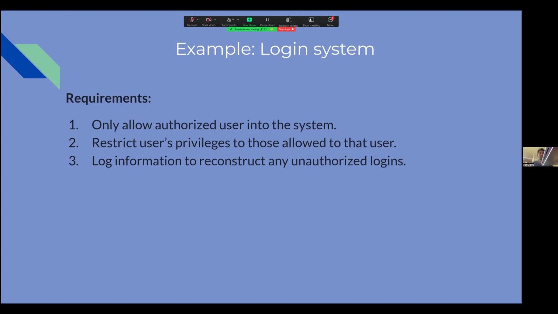So if we can implement multiple factors while logging in, then if a particular user has a password, that alone doesn't mean he's the owner of the account. But if he knows something and has something, which is basically what multi-factor authentication is, then we might say, yeah, you have the password as well as another thing that only you can possess, so you are eligible to access the login system. So the principle of separation of privilege is very directly utilized in login systems, right?